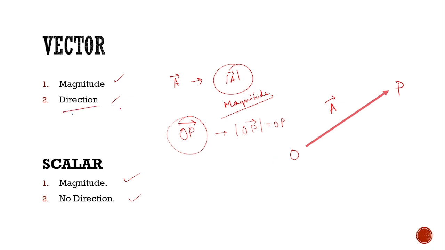Due to the presence of direction, we have to add vectors in a different way. Normally 5 plus 5 is equal to 10, but in the case of vectors it may or may not be 10. That depends on the direction of the vectors.